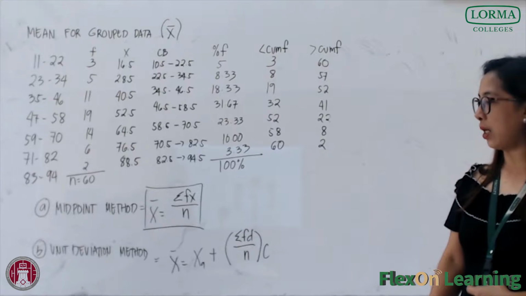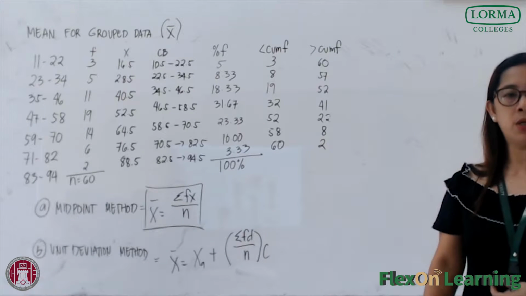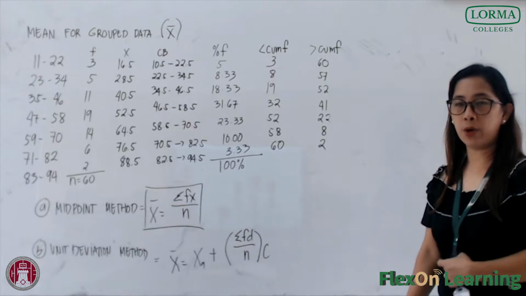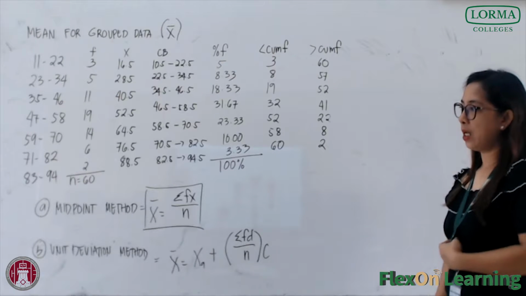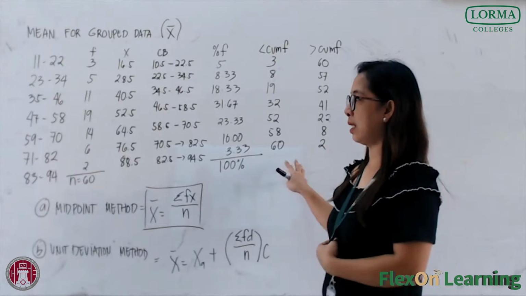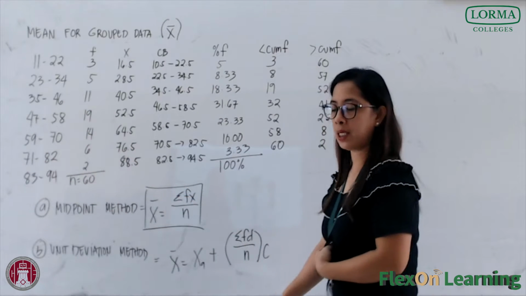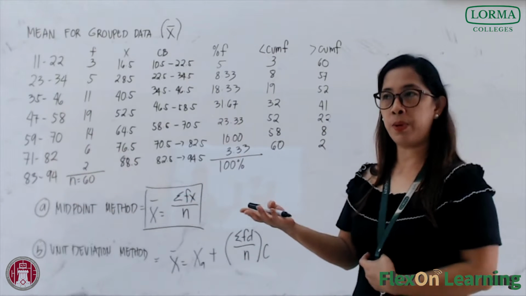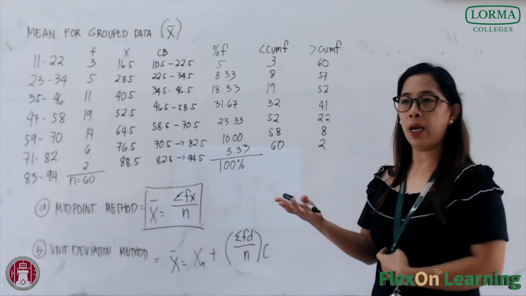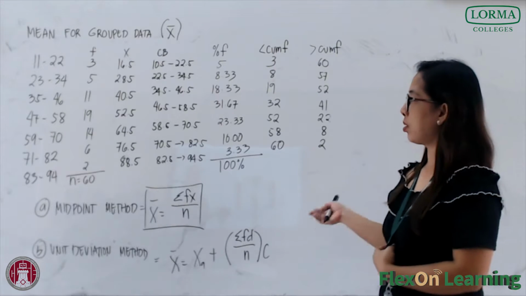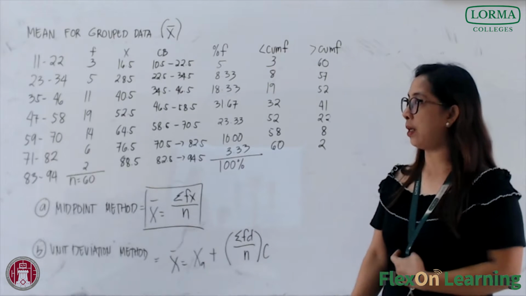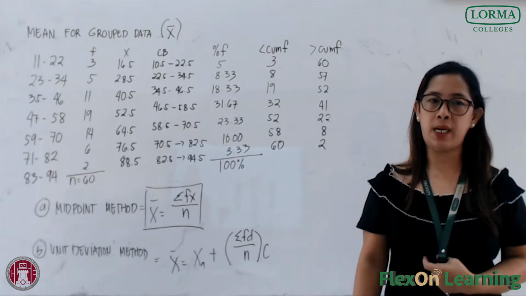There are two methods in getting the mean for group data. When we say group data, this is the data wherein we have the classes and then the frequency. I discussed to you previously the ungrouped and the weighted mean. So this one would be for the group data.